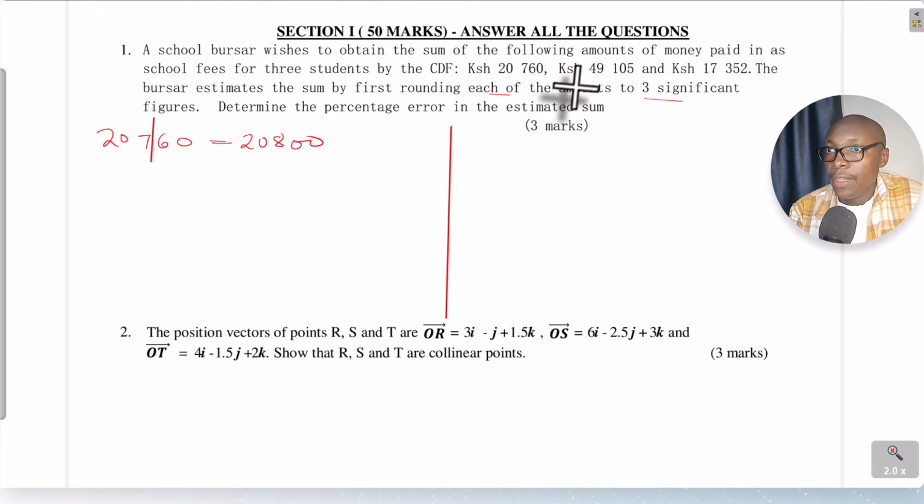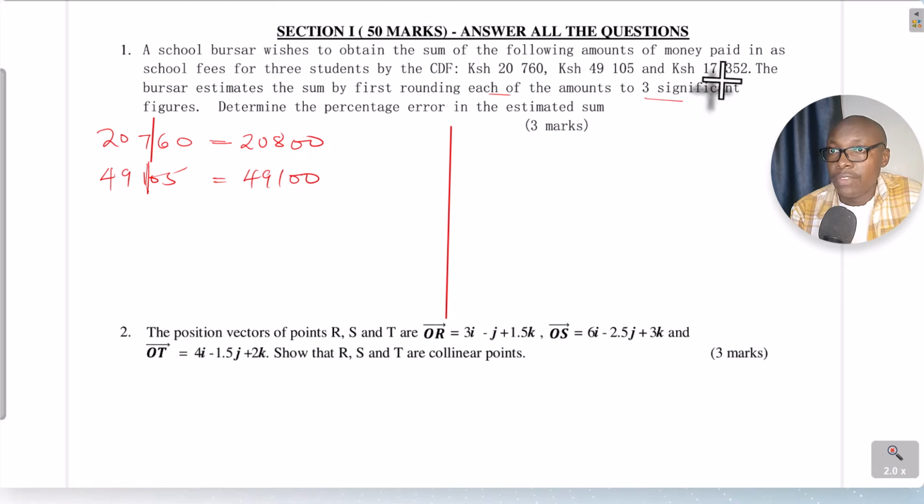And then the other one is 49,105. You round off this one as well. You did it up to that point. The next digit is 0, so this one rounded correct to 3 significant figures is 49,100.